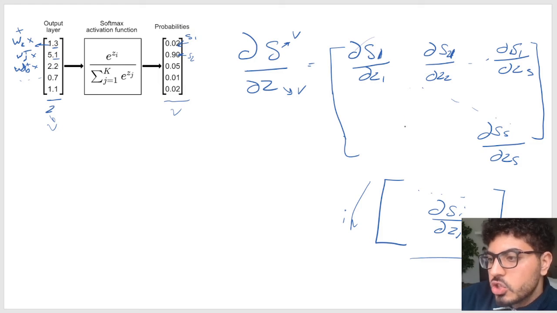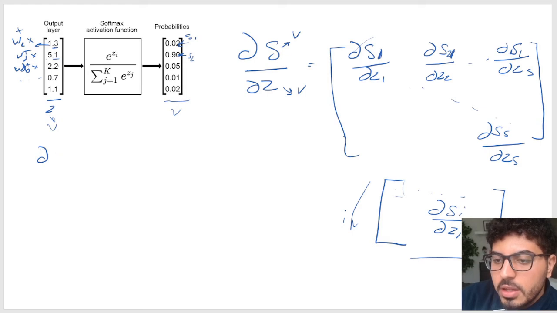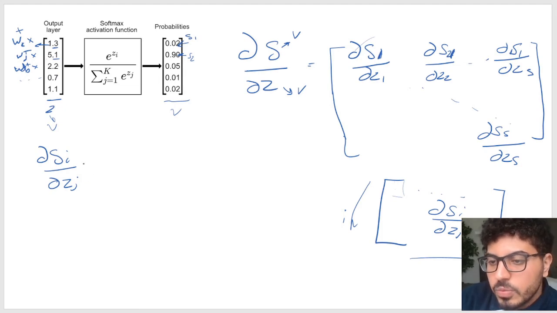So this element here will be partial S1 by partial Z1 for i equal 1 and j equal 1. For the last one, i and j are equal to 5, so it will be partial S5 by partial Z5. An intermediate element could be something like partial S2 by partial Z3, for example. So our generic gradient we're trying to calculate here is partial Si by partial Zj. What is Si? This is exactly what Si is, right?